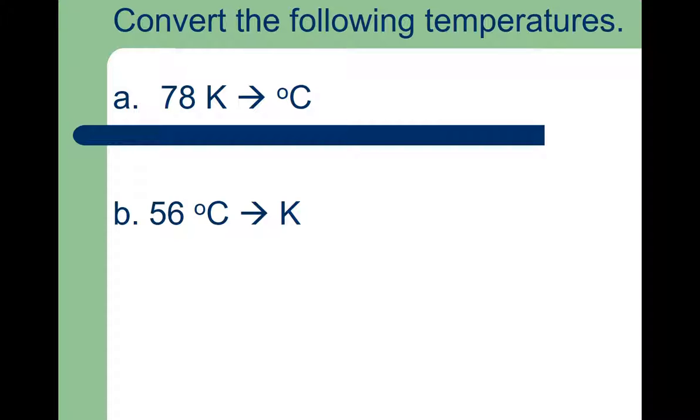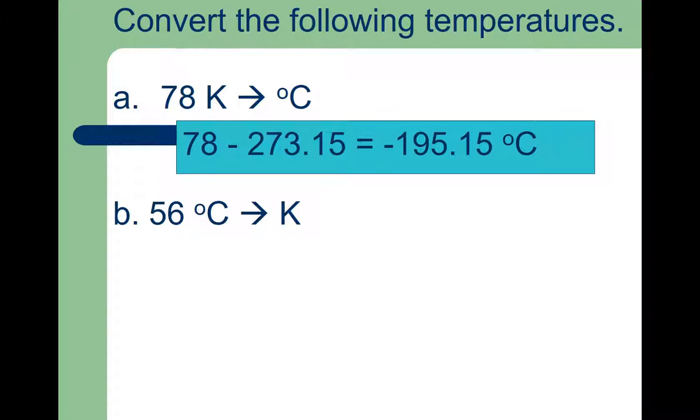So if you subtract 273.15 from 78, you're going to end up with a negative number, right? And what is that negative number? To go from Celsius to Kelvin, what do you need to do? Add the 273.15. So go ahead and do that. Let's see if you end up with the same number I do.